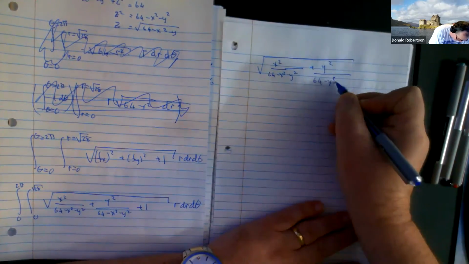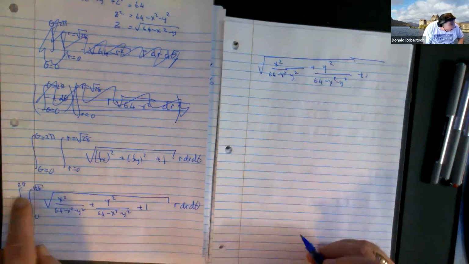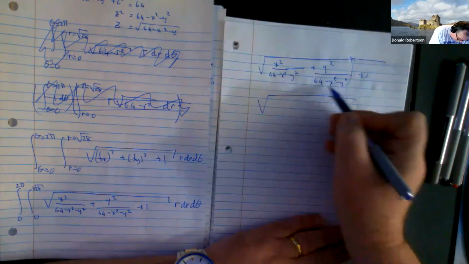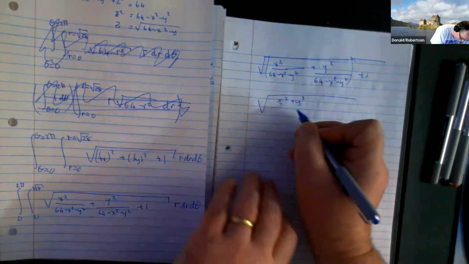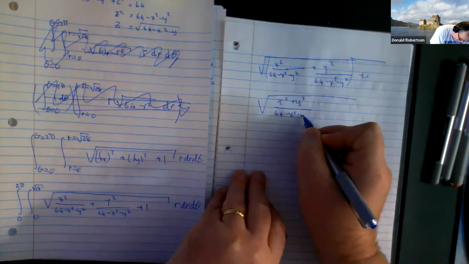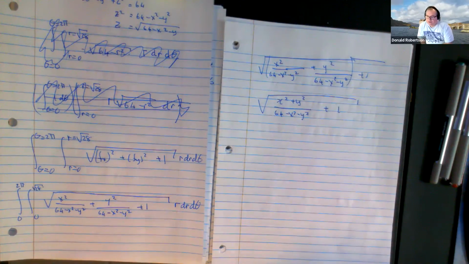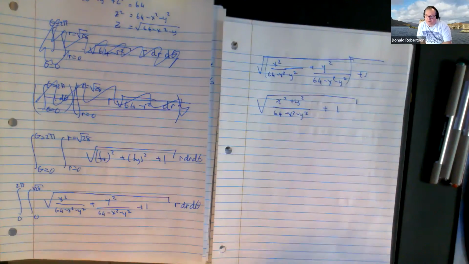And then once I've figured out a nicer way to write this guy, then we'll return to this integral. Hopefully it's something good. I'm going to add these two together. So that gets me x squared plus y squared over 64, take away x squared, take away y squared plus 1. Are you comfortable with that? Since these share a common denominator, I can add them.